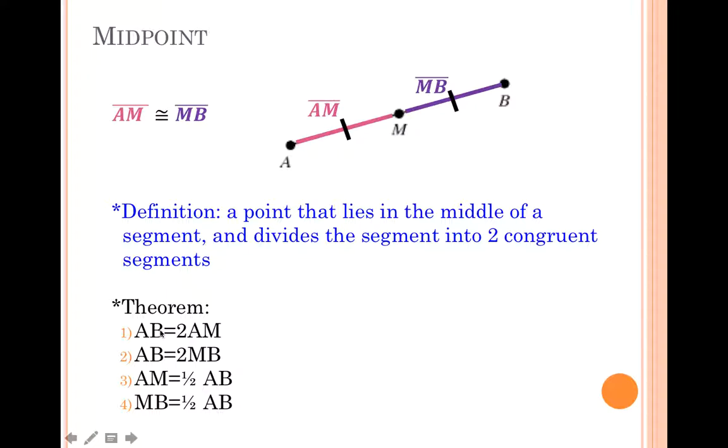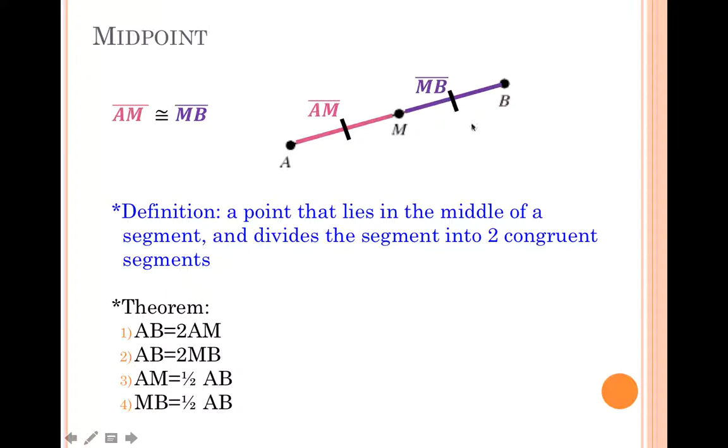If we're talking about the actual length of the line, we leave off the little symbol above it. So this means the length of AB is equal to 2 times the length of AM. So AB is the whole segment. If we double the piece that starts at the end and goes to the midpoint, it equals the length of the entire segment. Same if we use the other midpoint segment.